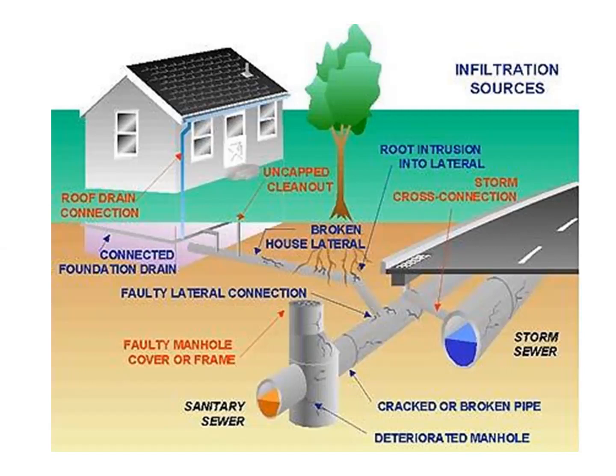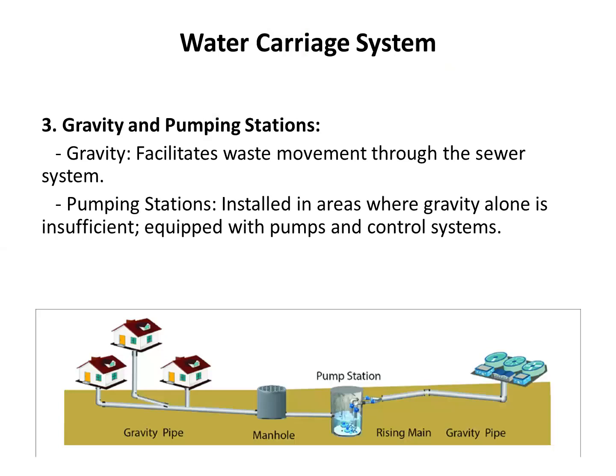And now this is transported and then disposed of. Gravity and pumping stations are used for this, and it facilitates waste movement through the sewers. Pumping stations are also installed in areas where gravity alone is not sufficient.